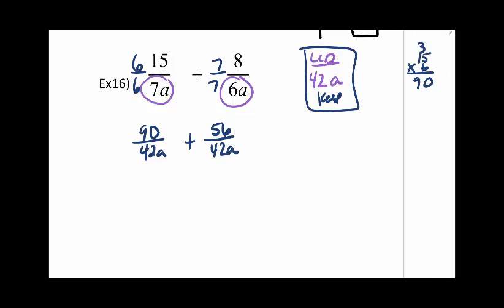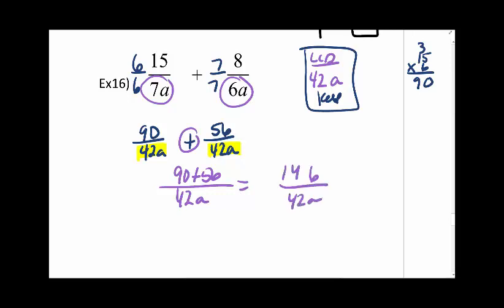We're done with step 1. Denominators match. We want to keep that. So 42A. We are going to add across the numerator if we have common terms, which we do. 90 plus 56 will give me 146 over 42A. Once it's in a single fraction, we ask ourselves, can we reduce anything?